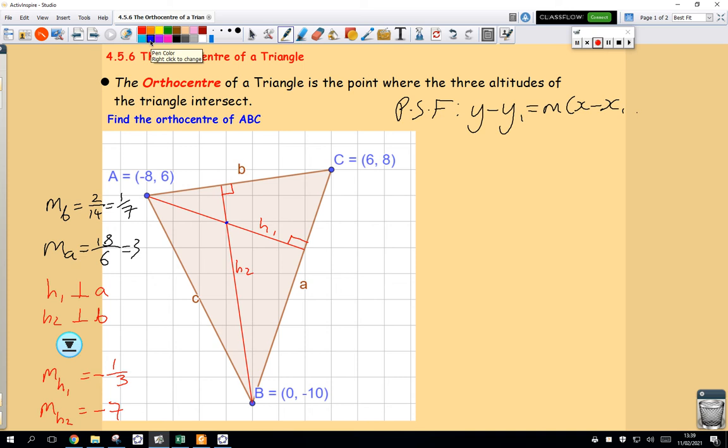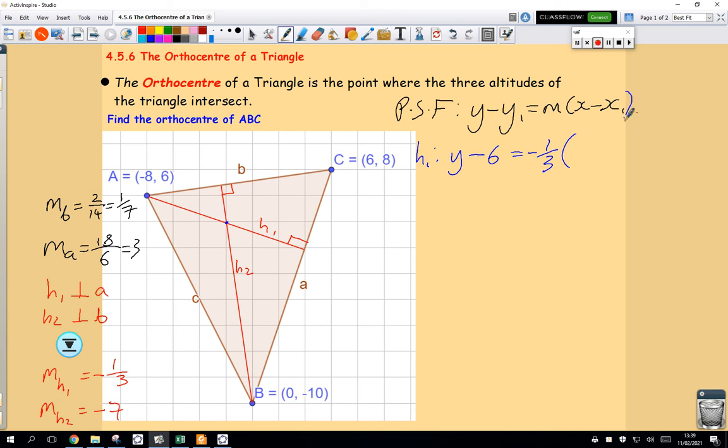But I do need two altitudes in order to find the orthocenter. So to find the equation of h1, we're going to use the point slope form. h1 contains the point negative 8, 6. Y subtract y1, y subtract 6, equals m. The slope of h1 is negative 1/3, times x subtract x1.